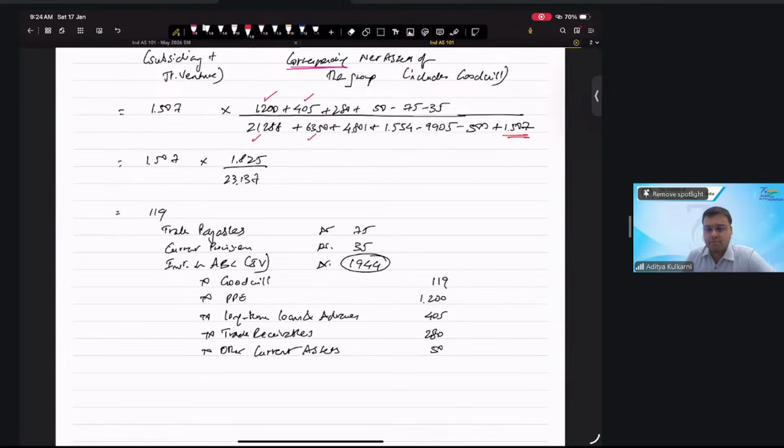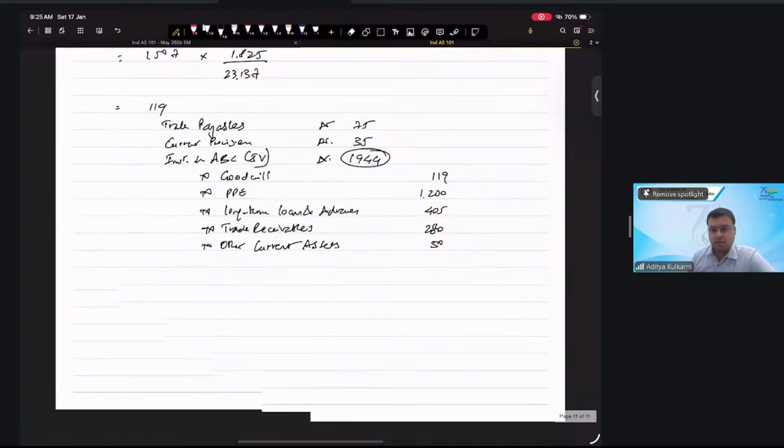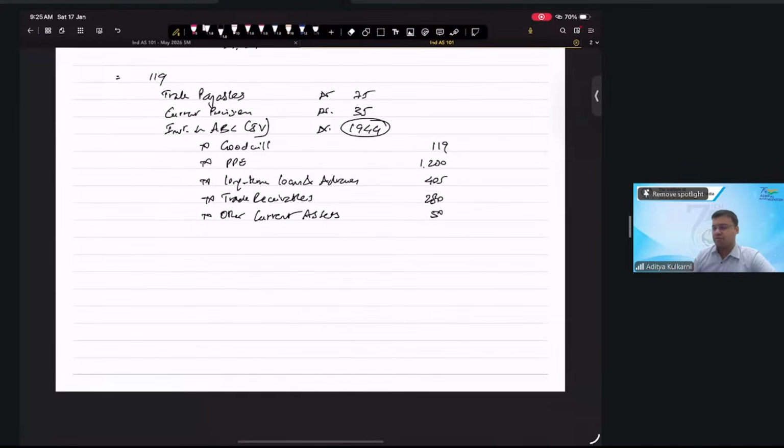Yes or no? Ideally, goodwill should not be there. If you are dividing this 1507 in the ratio of net assets of joint venture and net assets of the group, then net assets of the group again cannot include goodwill. Yes.